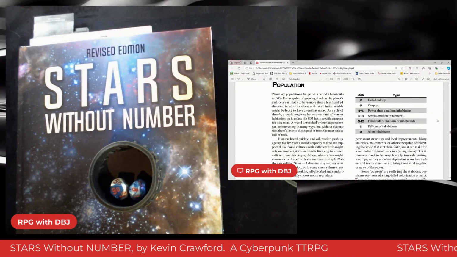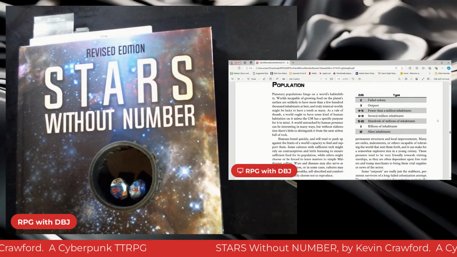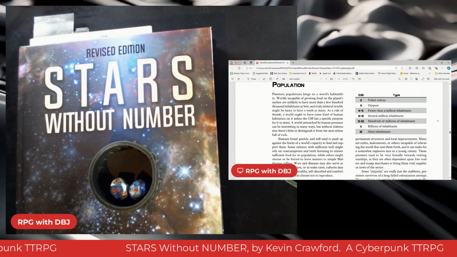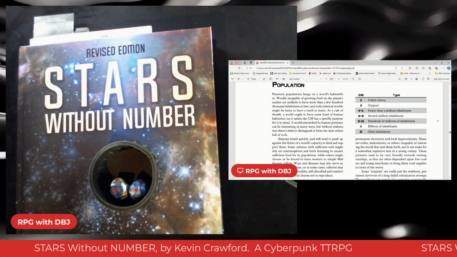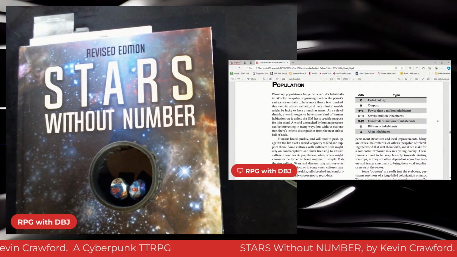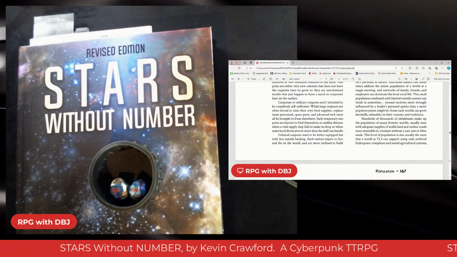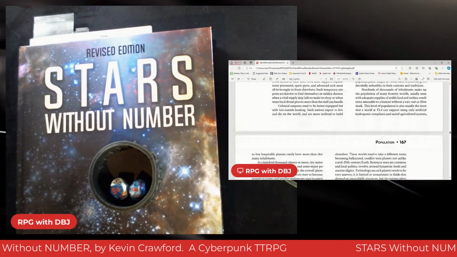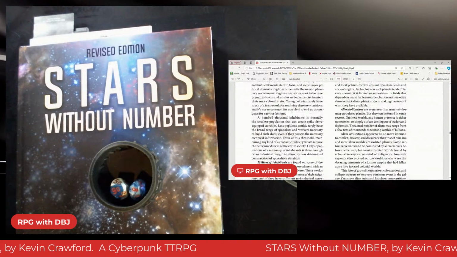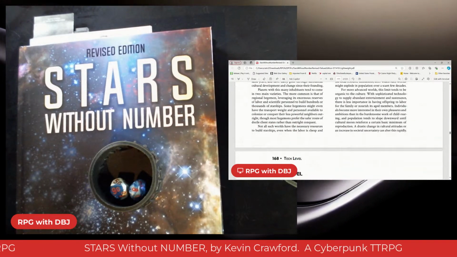But let's say there are intelligent insectoid beings that live on this planet, but they might be invaded by, I don't know, avians, let's say, that are picking them off one by one because they taste so good. And it talks about populations and population growth. I was about to go into that.